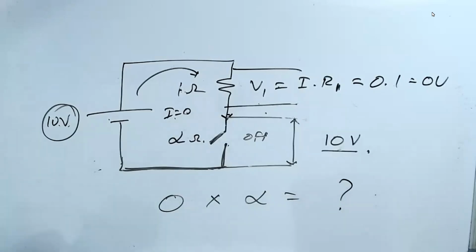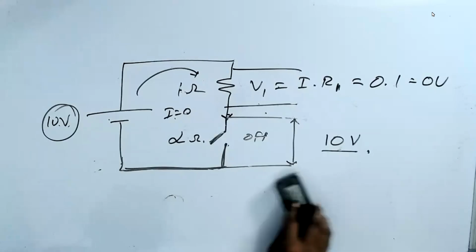What is 0 into infinity? Anybody? Somebody tell me the answer. It's very simple maths. Am I right? What is 0 into infinity? 0, no, sir. The problem is like this.